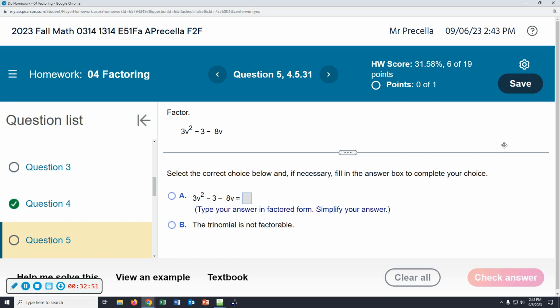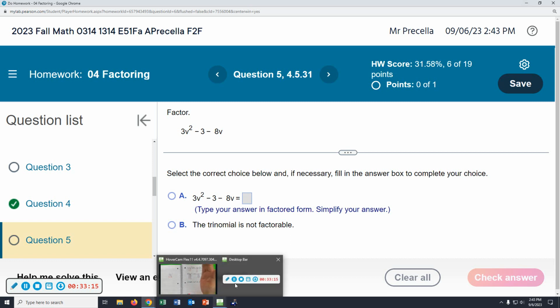3B squared minus 3 minus 8B. In order to do factoring like this, we have to have it in a certain form. If you look at the first problems we've done, it's always x squared, x, constant.